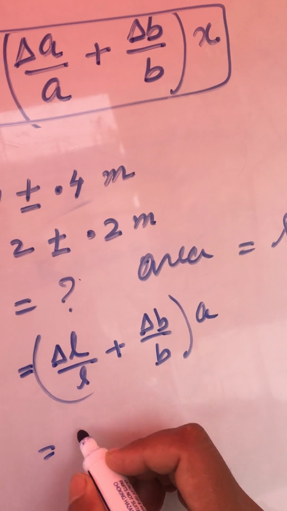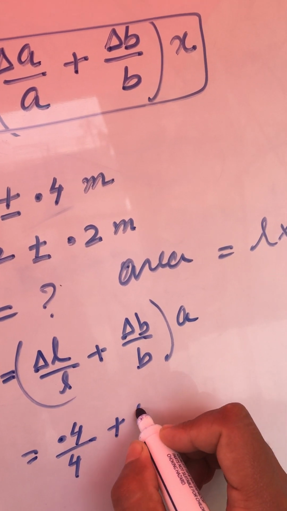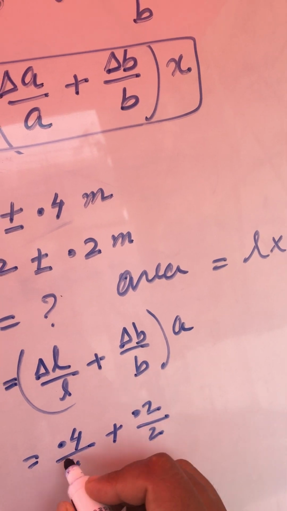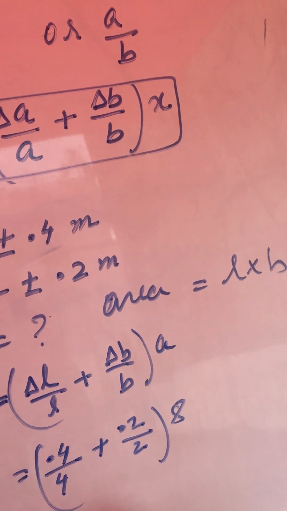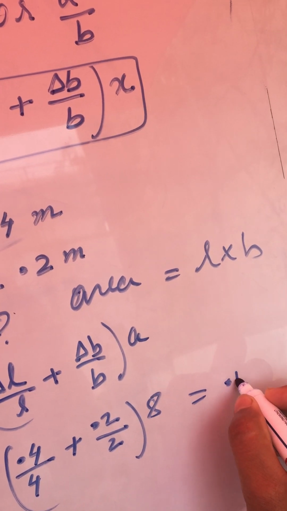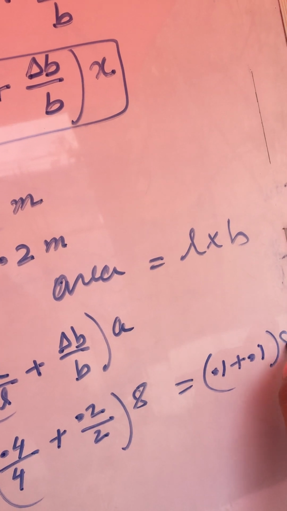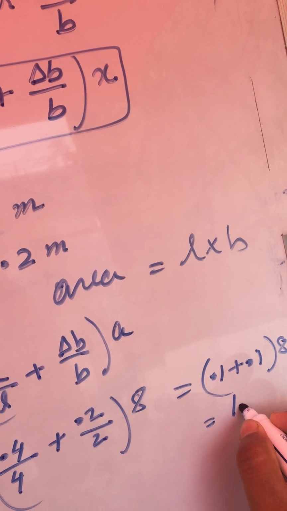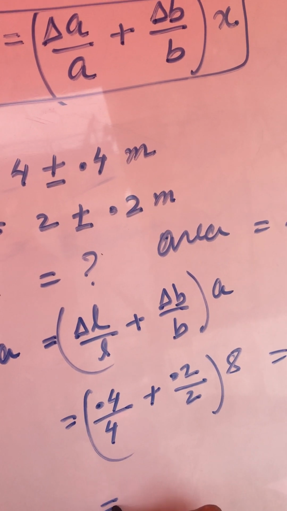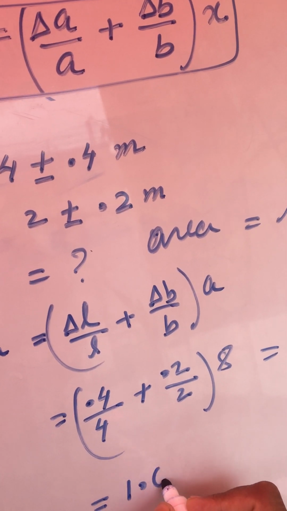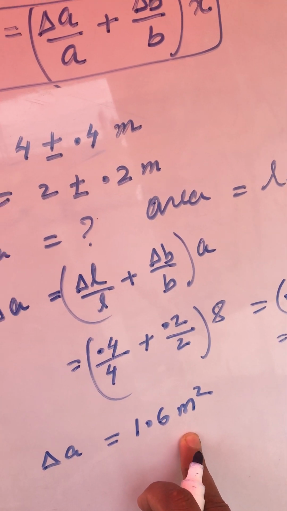Delta L is 0.4, length is 4, delta B is 0.2, B is 2. Area is length into breadth, which is 8, right? Then this will be 0.1 plus 0.1, times 8, which is 1.6. That means in the measurement of area, the absolute error involved is 1.6 meters square, because area should be in meters square, right?